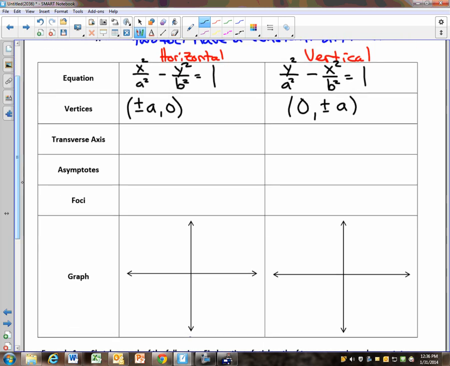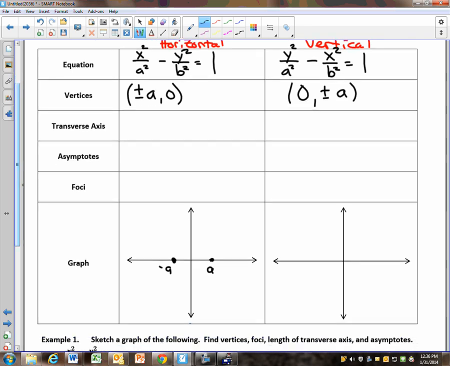So what we're going to do is go a units in the positive direction and a units in the negative direction, and those are our vertices. If it's vertical, we plot the vertices along the y-axis. And again, all this is assuming that the center is at 0, 0.